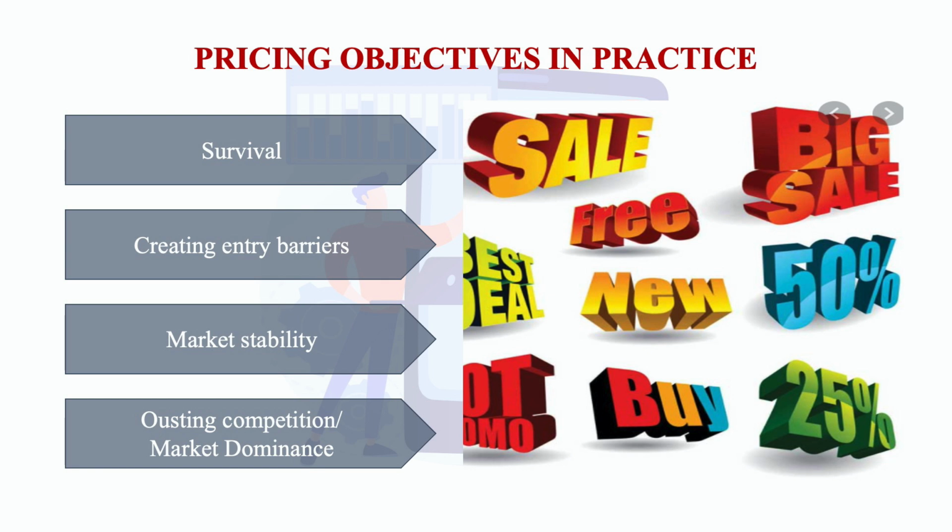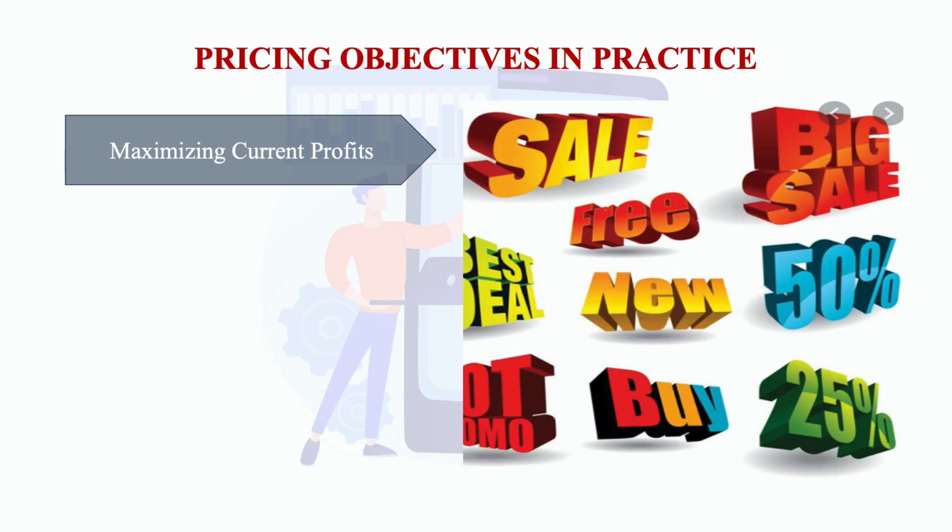The competitors are there, but the prices set by the market leader are sometimes brought so low that it is difficult for other competition to survive. Sometimes this is called predatory pricing, and in certain economies it is a marketing practice that is open to legal action, but ousting competition is also one of the objectives that marketers sometimes utilize.